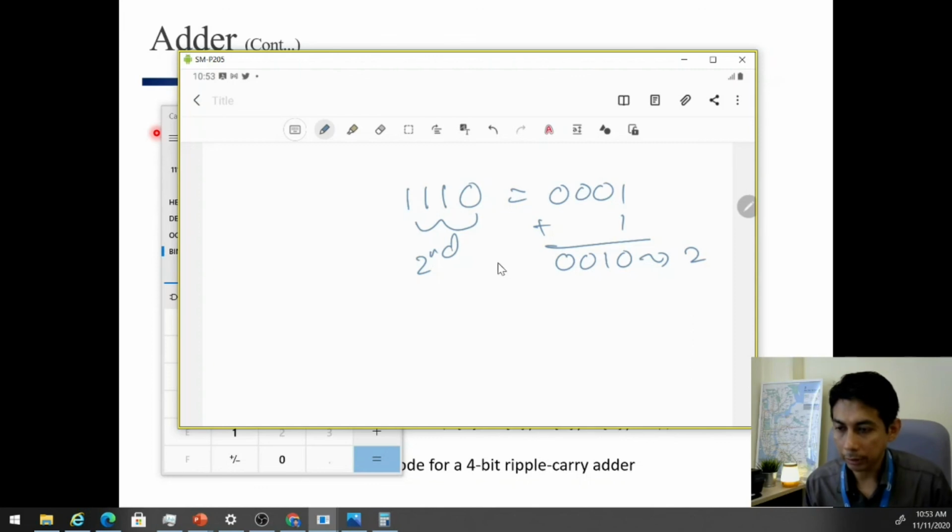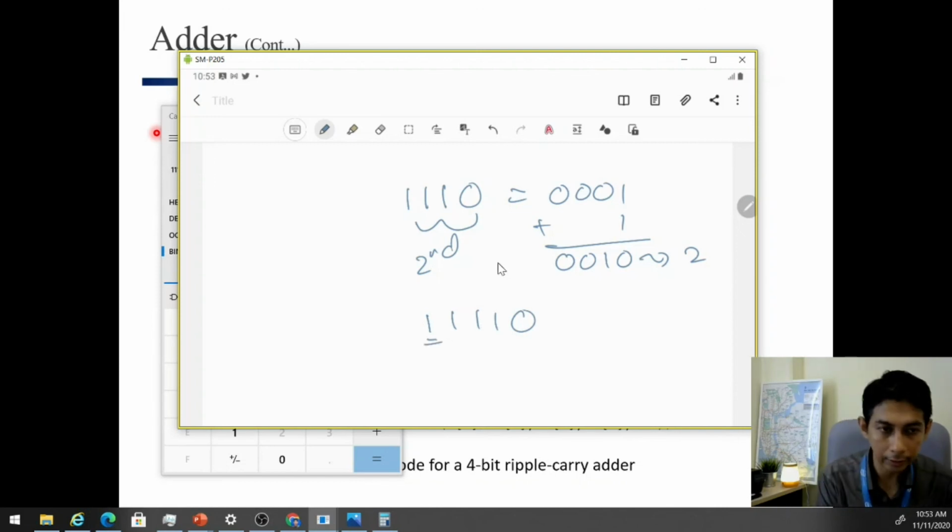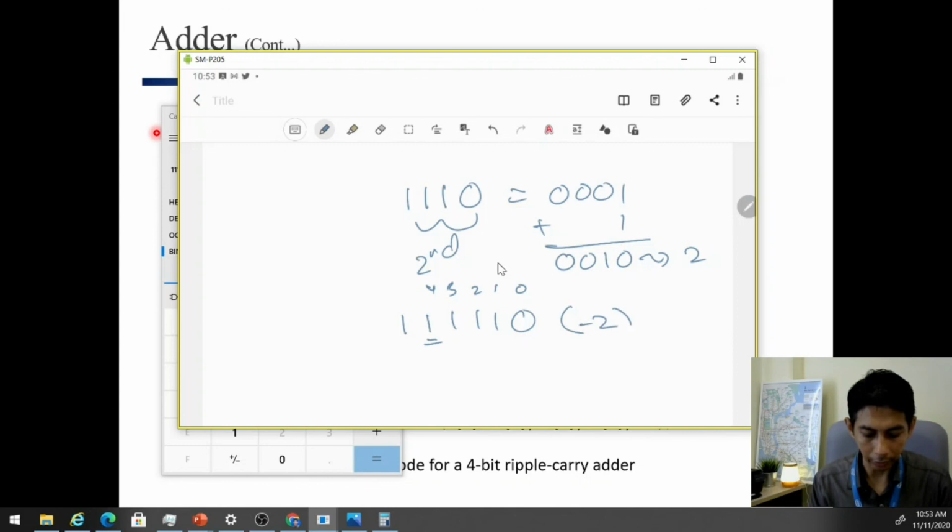What if your system is 5-bit? Negative 2 in 5-bit is this. You just extend the sign bit to the next MSB. So this is bit number 0, 1, 2, 3, 4, bit number 4. If your system is 6-bit, you just extend the 1, and this is actually minus 2 as well.